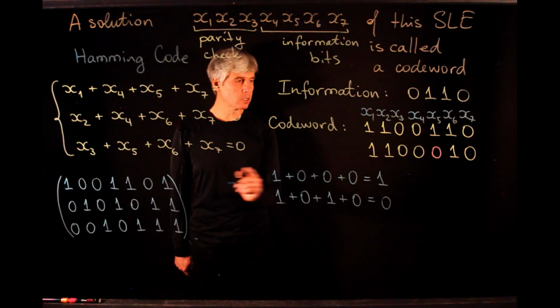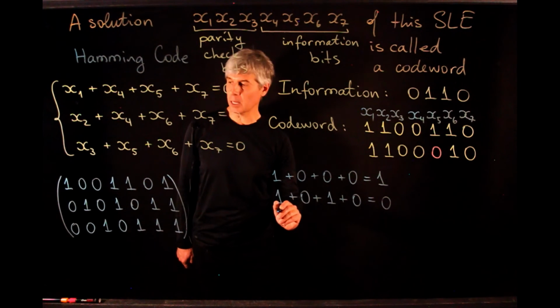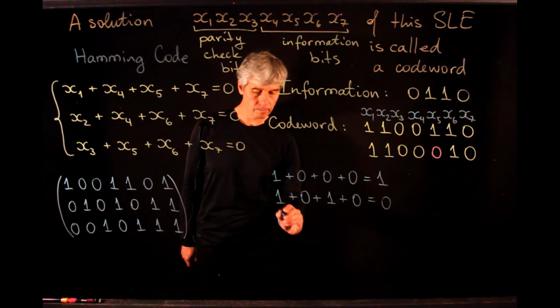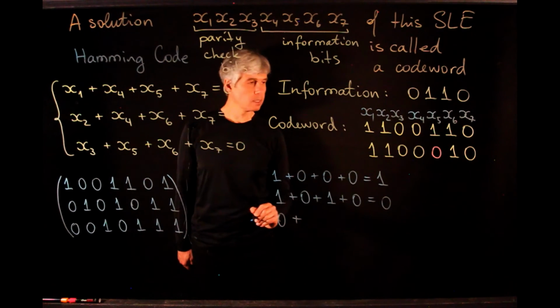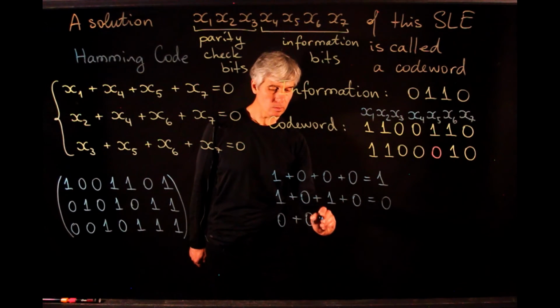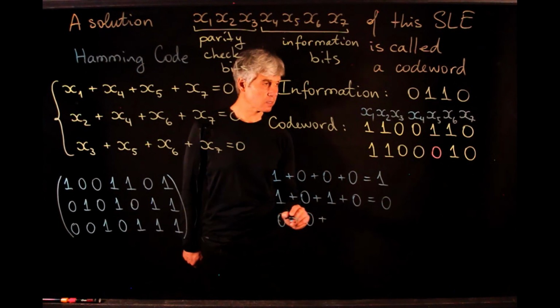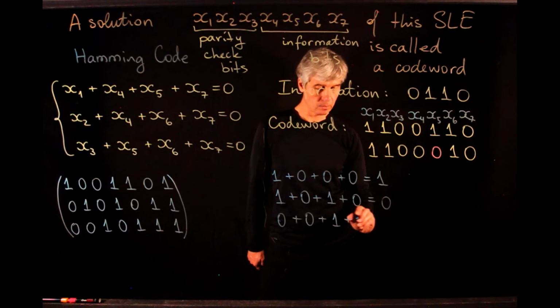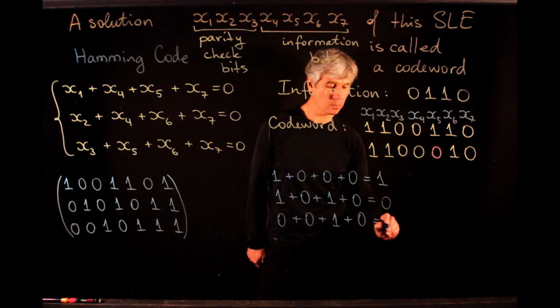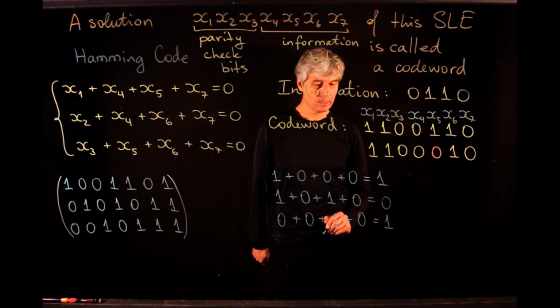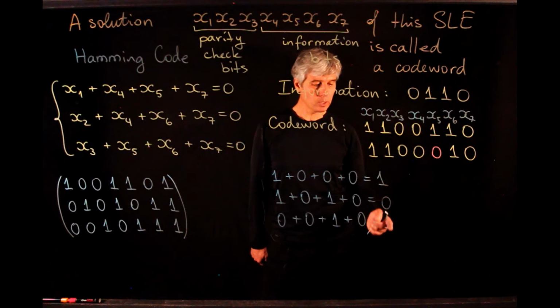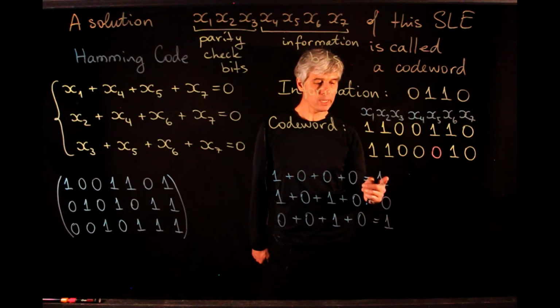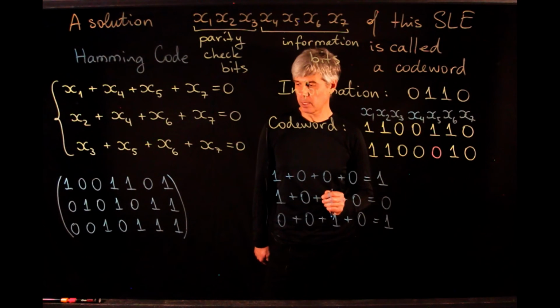And the last equation is x3, which is 0, plus x5, which is 0, plus x6, which is 1, plus x7, which is 0. So this is equal to 1. Now, we look at the right-hand sides. So we have 1, 0, 1.